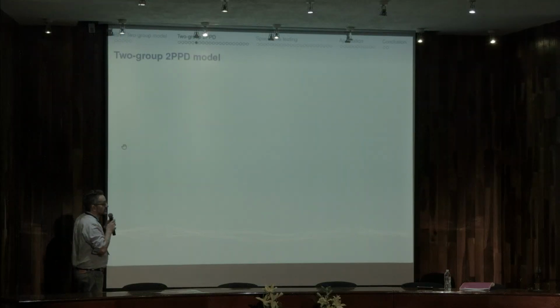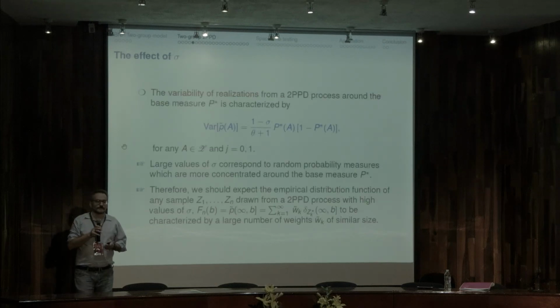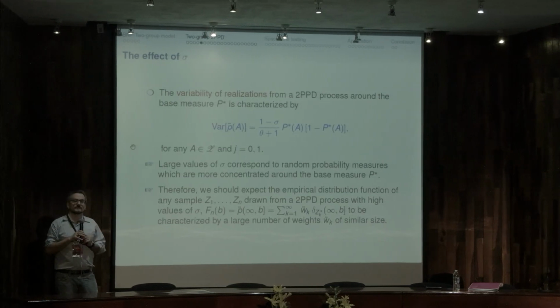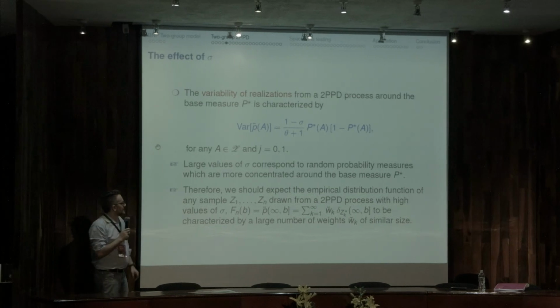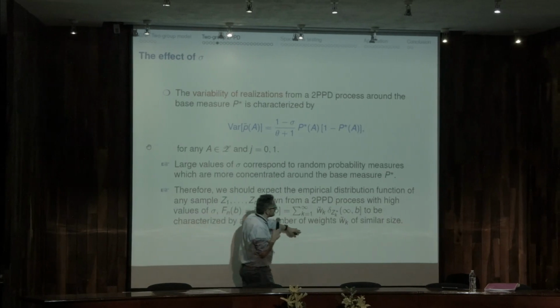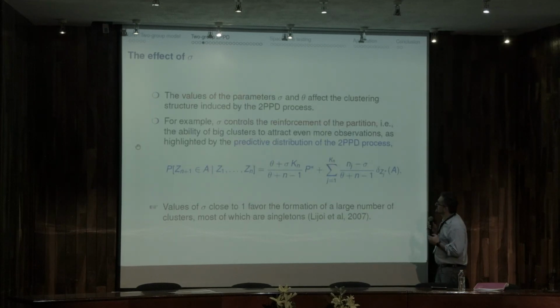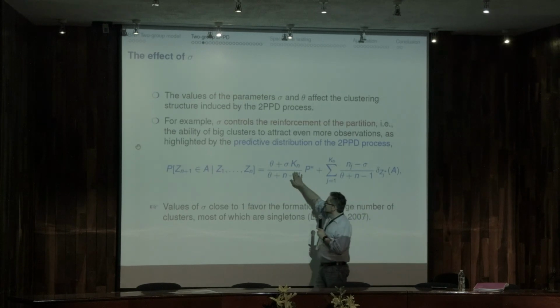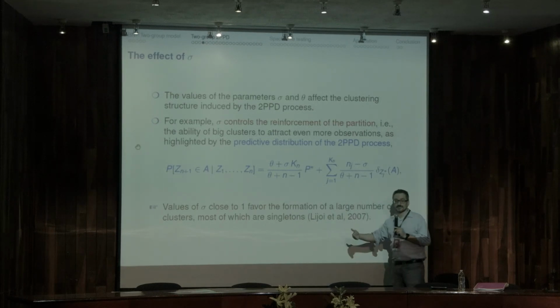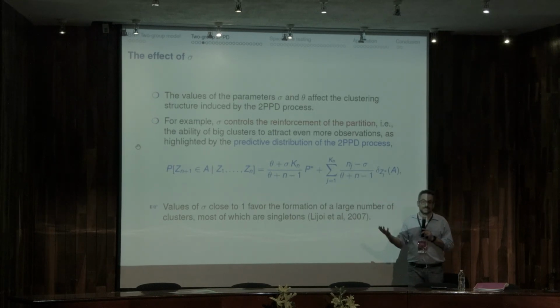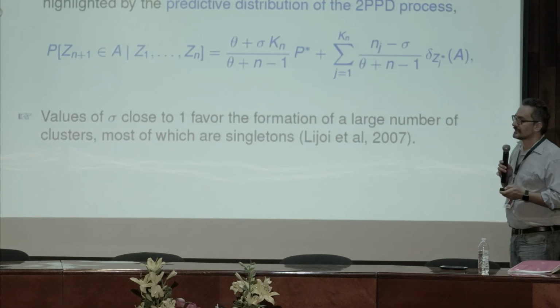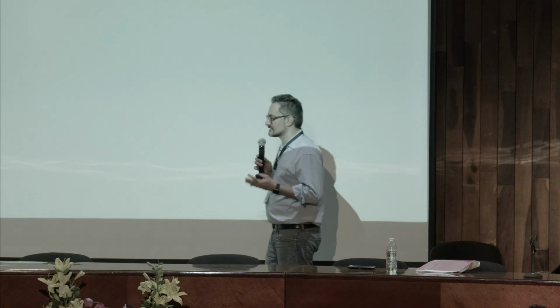So let's go back to the two-group model. The intuition here is that, based on this representation, if you let sigma increase, you're going to have lots of singletons, right? So many weights will be more or less of a similar size. So now let's go back to the two-group, two-parameter Poisson-Dirichlet process model. Here we want to basically characterize the distribution of F0 and F1, right?